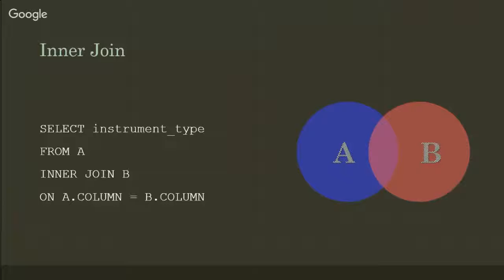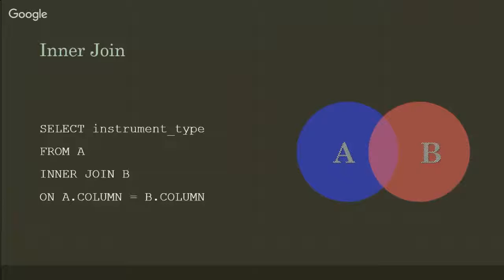That's what makes it an equijoin. You're comparing one column against a different column, and your result set is those rows where those columns match between the two tables.